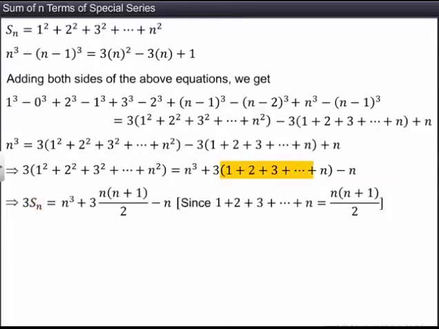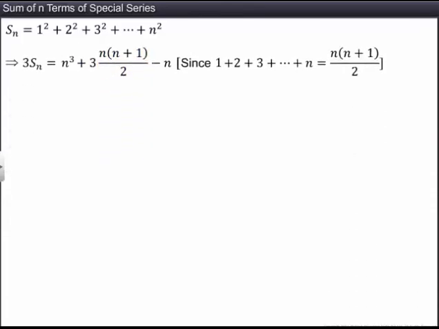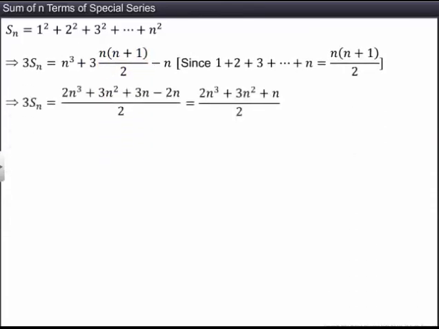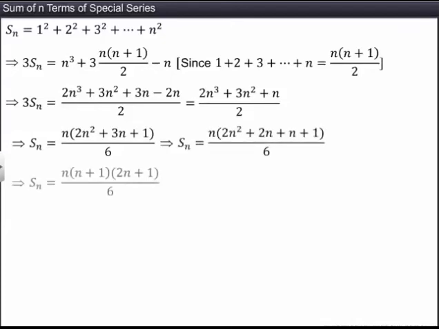On simplifying, we get 3 into Sn is equal to 2n cube plus 3n square plus n whole divided by 2. Taking n common in the numerator and simplifying, we get Sn is equal to n into n plus 1 into 2n plus 1 whole divided by 6.